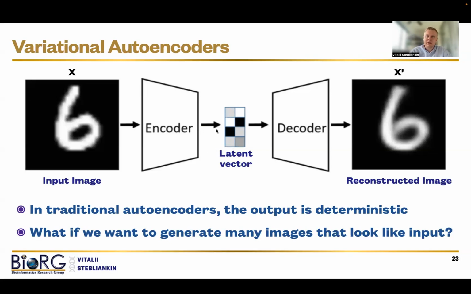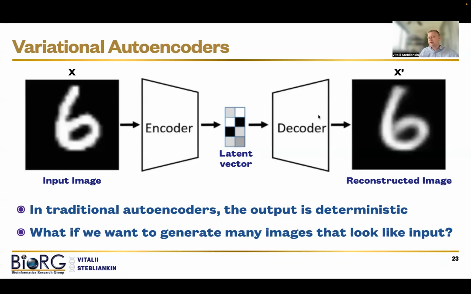Once the model is trained and the weights are set, if you supply the same input image multiple times, the encoder is going to generate the same latent vector, and the decoder is going to reconstruct the same image. So for the same input, you're going to have the same output no matter how many times you run the model.